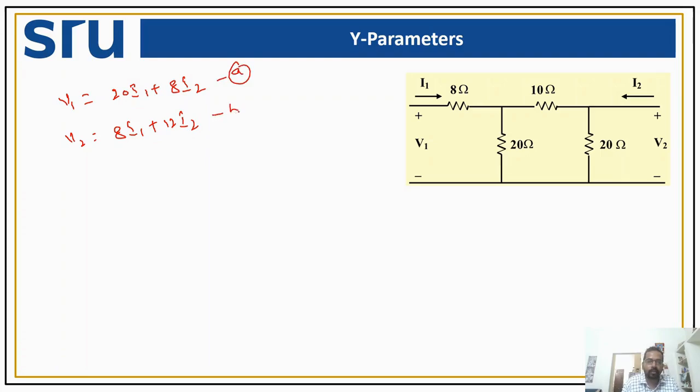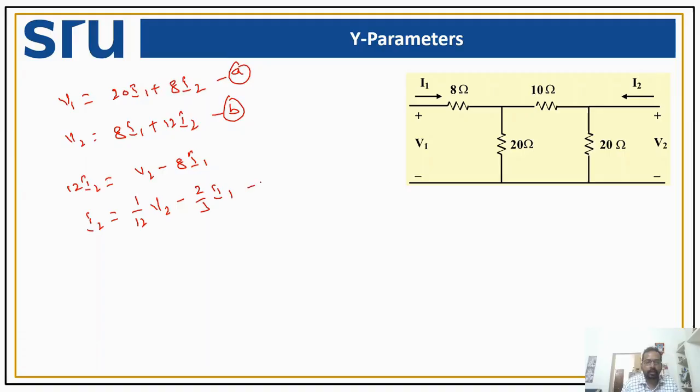So as we assume this as A and B, we can rewrite I2 in this particular way. So 12 I2 equal to V2 minus 8 I1, and my I2 is equal to 1 by 12 V2 minus 2 by 3 I1.